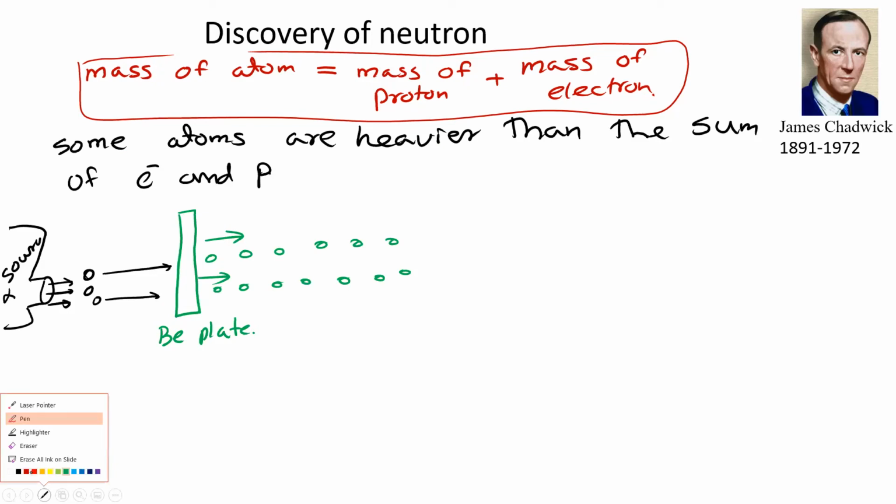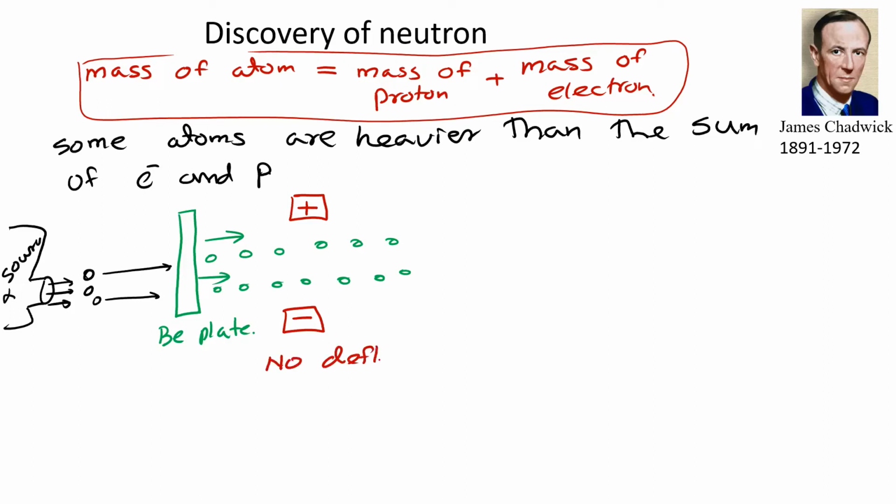Now they started doing their regular type of experiment. They placed a positively charged plate and a negatively charged plate in between. Whatever particles were emitted from the beryllium plate, he didn't see any deflection. And then he tried another experiment with a magnetic field.